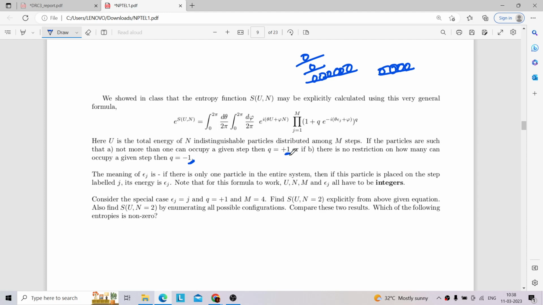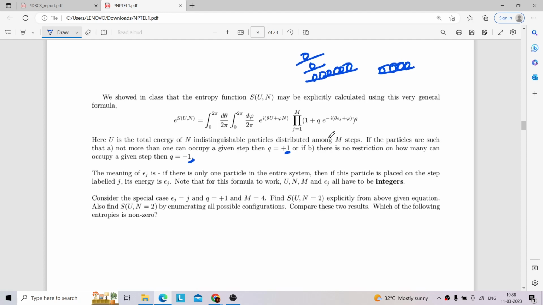So here j is the step. Let me draw this. We can draw some stairs where this j value represents the stair number, like j equal to 1 represents the first stair, j equal to 2 the second stair, j equal to 3 the third stair, and like that.